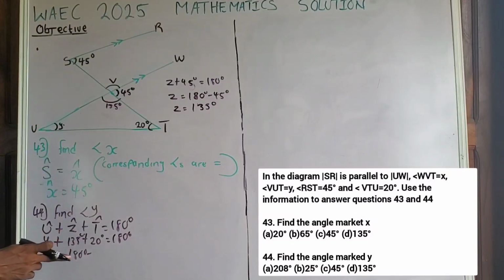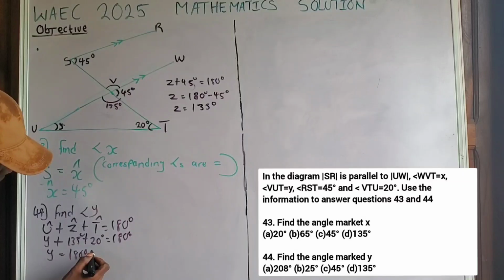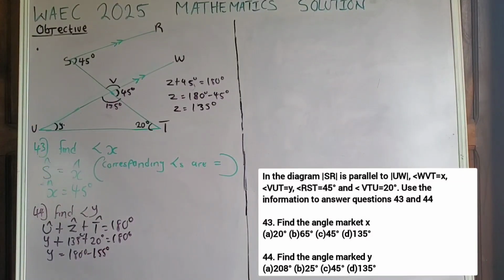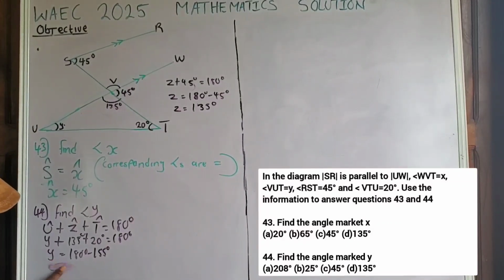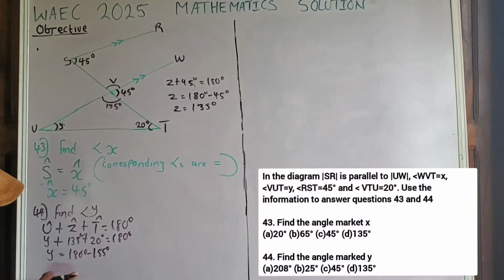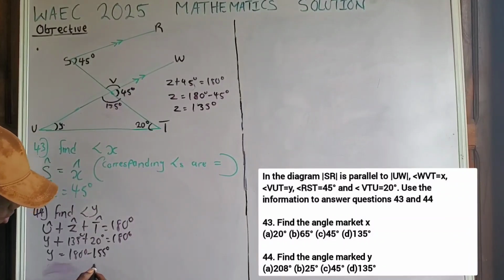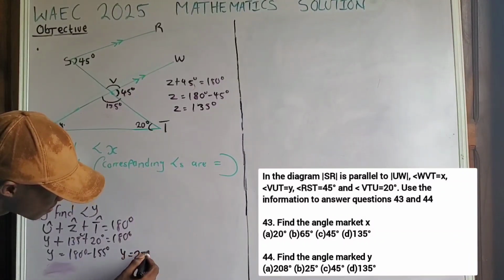That is 155. So 180 degrees minus 155. You can punch your calculator. Please pay attention. So Y will be equal to 25 degrees.